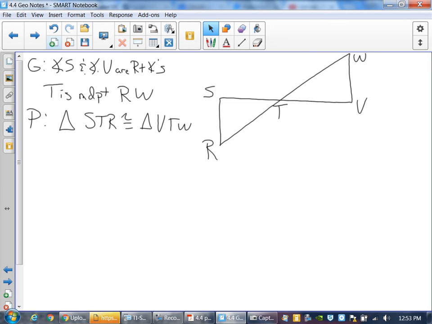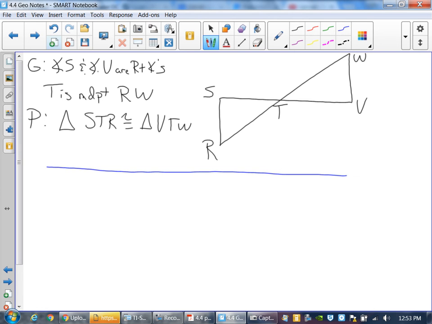So what do you think the first thing is you're going to do? Write down your given. So if I start with that, it says angle S and angle V are right angles.